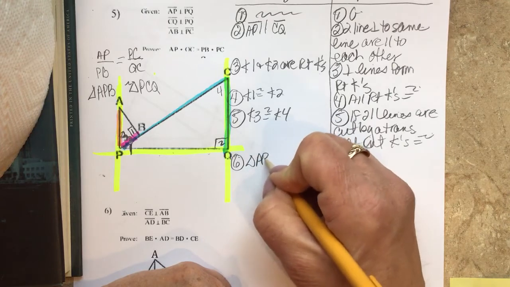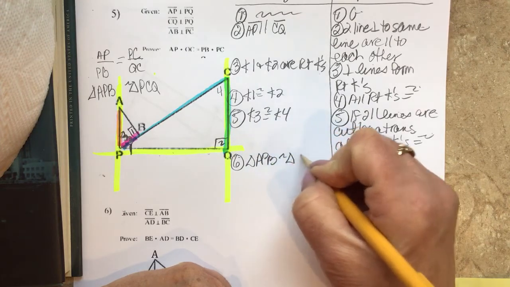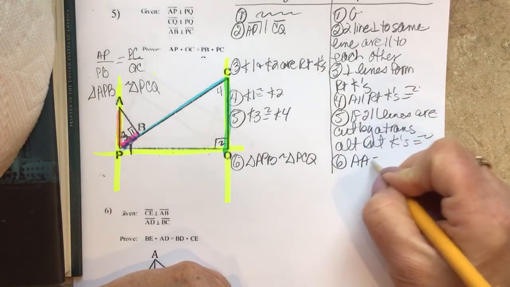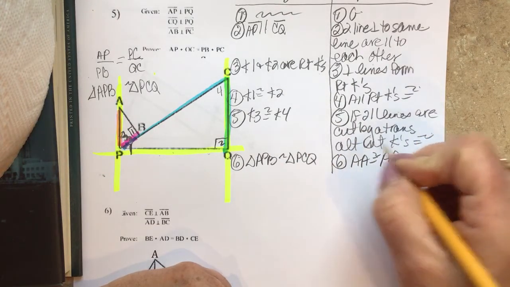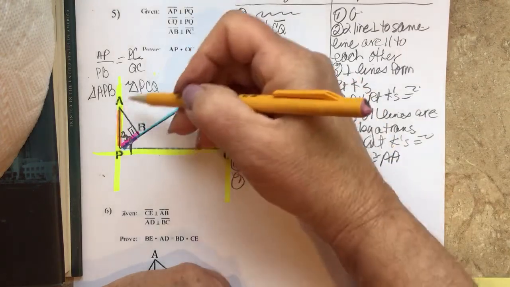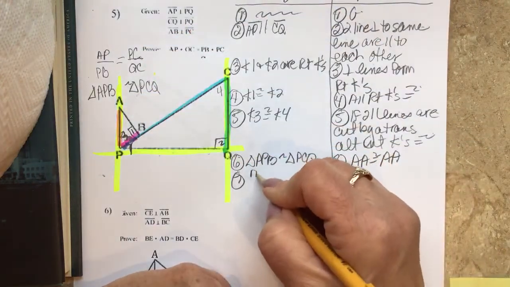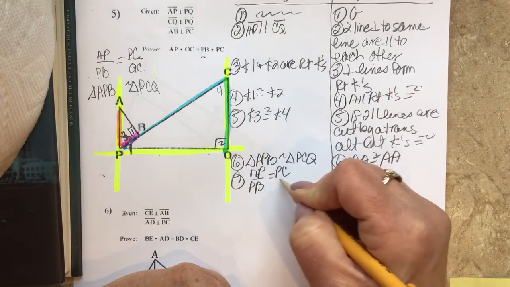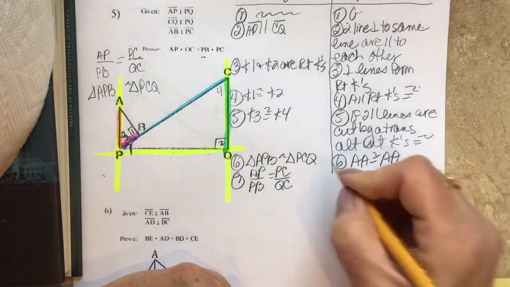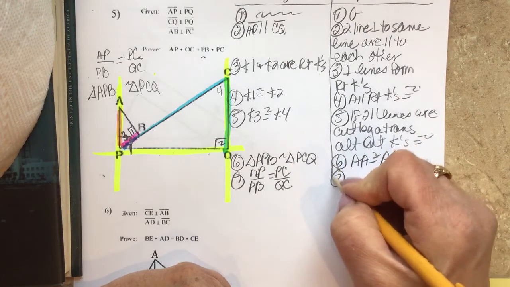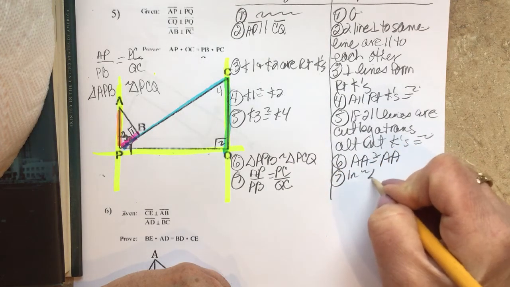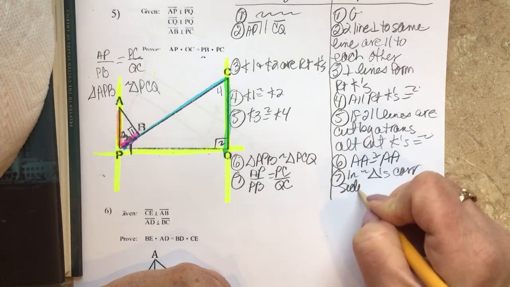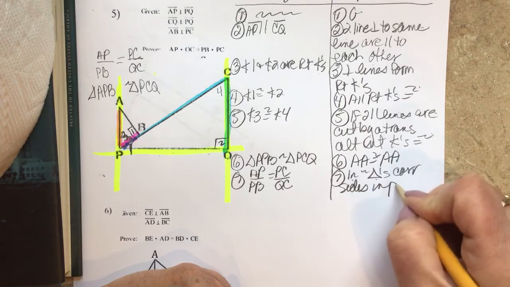Triangle APB is similar to triangle PCQ because of angle congruent to angle. Okay, back up 1 step, so I'm taking that step next. AP to PB equals PC to QC. And that's because in similar triangles, corresponding sides are in proportion.